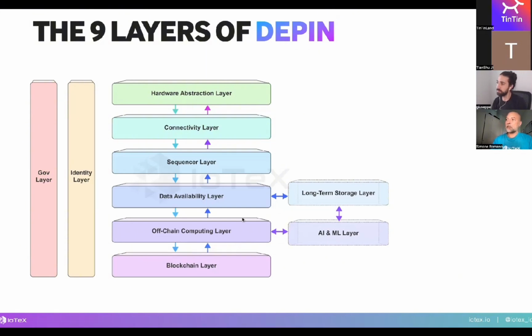And finally, the main role of this layer is to generate a cryptographically verifiable proof of what happened in the physical world to these devices, basically what these devices are doing. Generating a single proof on top of an entire block of data also allows for data scalability for a DePIN application. So the data doesn't have to make its way directly into the smart contract. That would not be scalable for a blockchain.